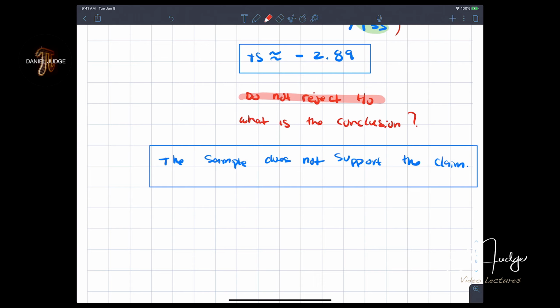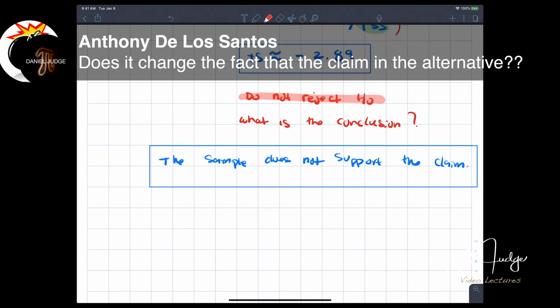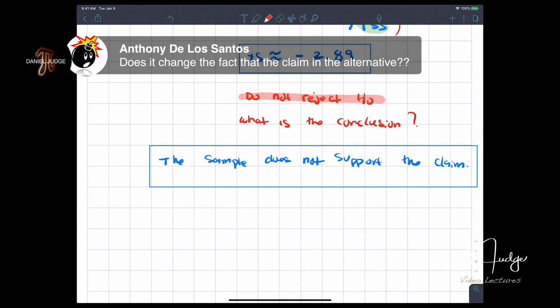So let's double check here. What are we getting here? What are some comments? Does it change the fact that the claim is in the alternative? Nope, that has nothing to do with it, Anthony.